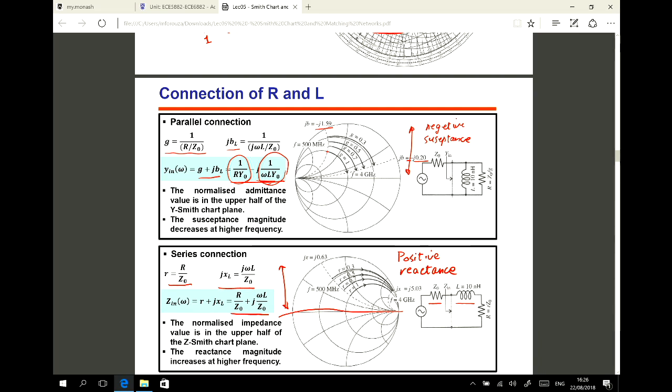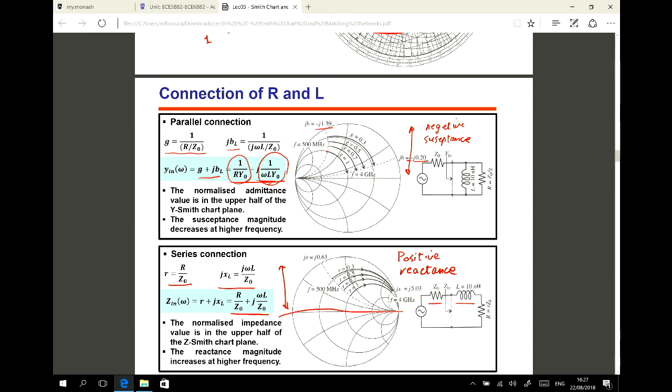So when we say that an inductor has so much reactance, what do we mean? Reactance means j omega L. It is calculated in ohms. It is exactly similar to R, but it's imaginary. It does not consume power, but it shows that value of impedance.